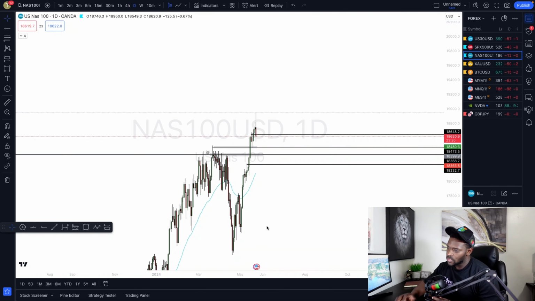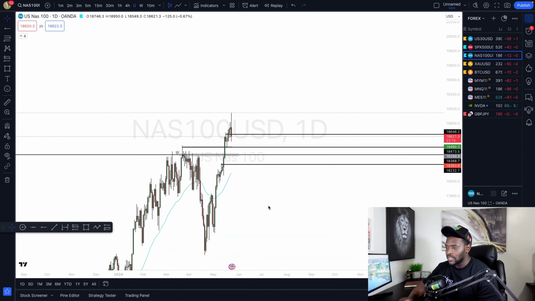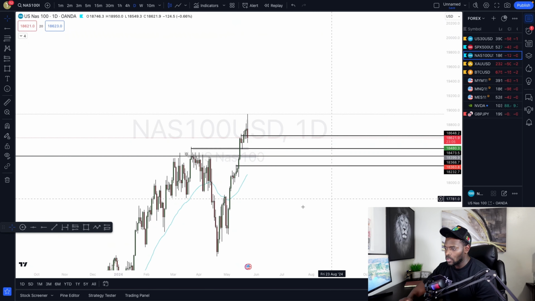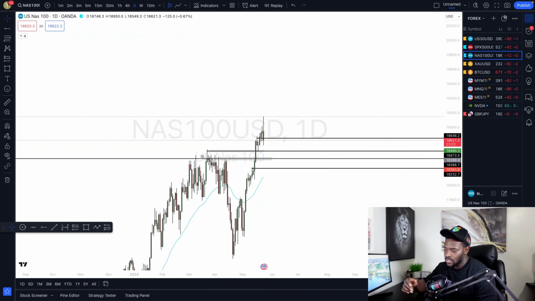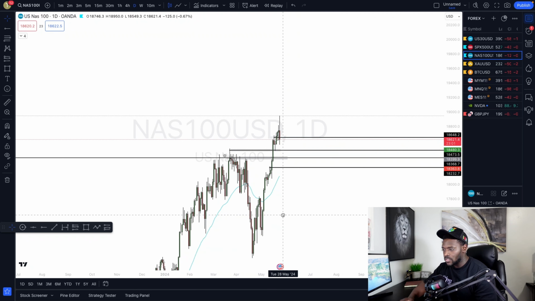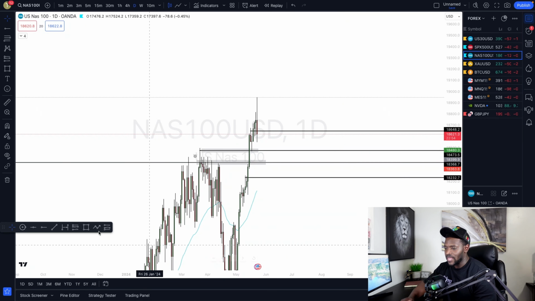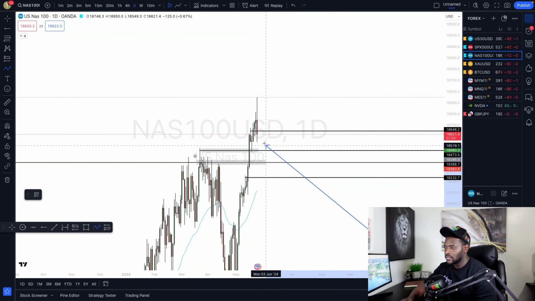All right, so let's go over this thing called market structure. I know you've heard it before, but let's go over how you need to be able to identify what's going on in the market, or what's going on with price based on what you see. So as we start here on the daily, you can see that the NASDAQ is clearly on an uptrend, right?